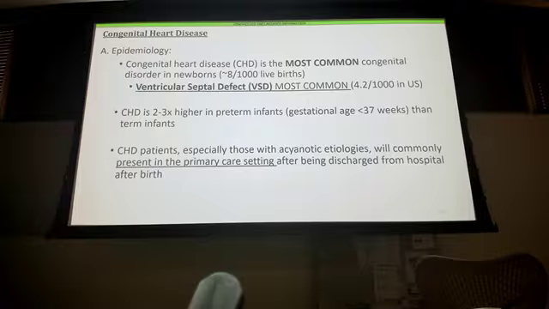Okay. But does it also make sense that if we have a premature baby, so a baby born less than 37 weeks, they're at a higher risk of congenital heart disease? Because think about it. If the baby was born early, there was probably some stressor that triggered that premature labor. Part of that stressor could be that the organs weren't formed right.